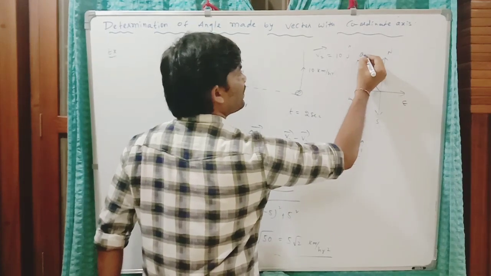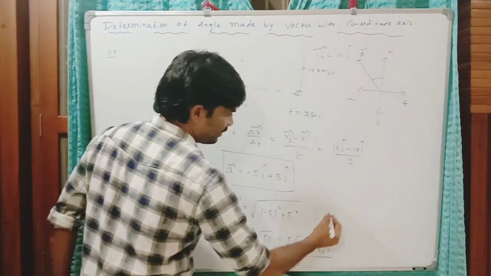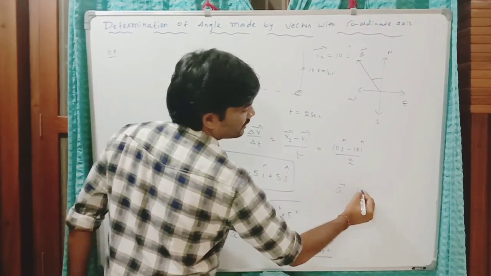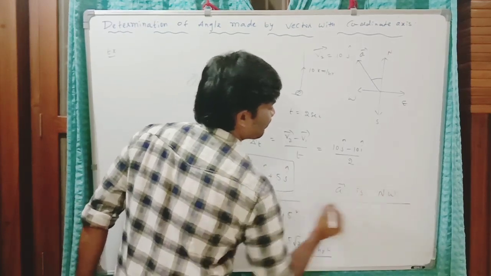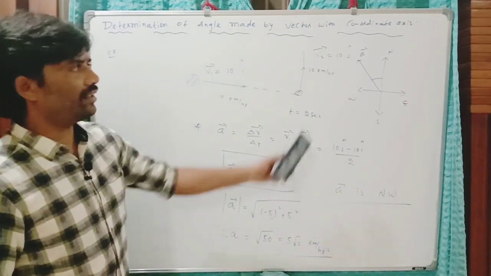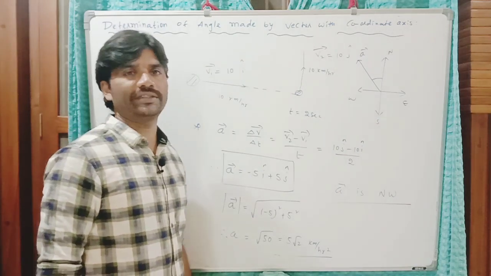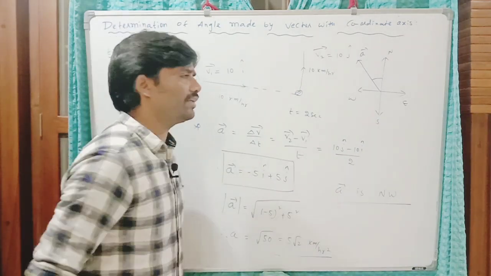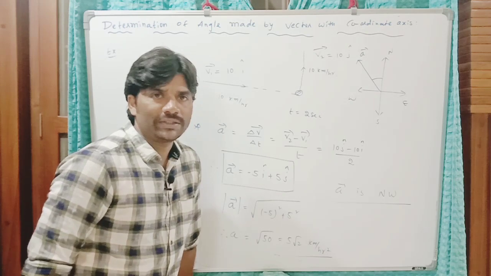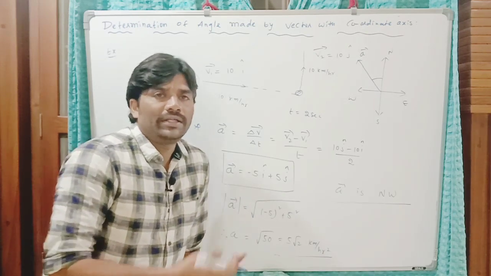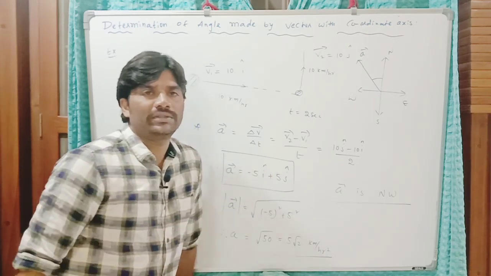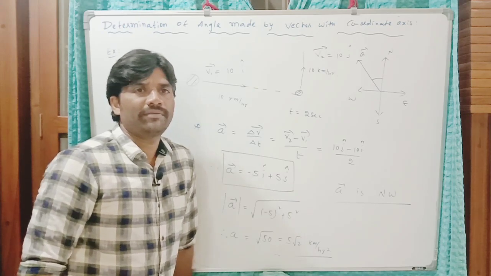So acceleration is northwest. Middle of north and west is simply northwest; no need to mention 45 degrees. Northwest means it makes 45 degrees with either north or west. Clear?